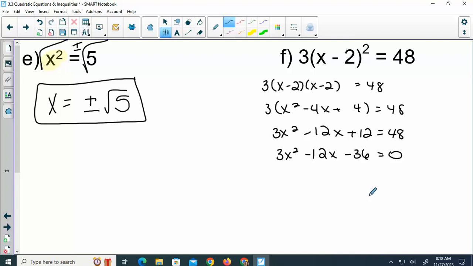Oh no, you can take out a. Okay. So we subtract over the 48 to get it equal to 0. Then we need to look, everything is divisible by 3, so we can factor out the 3.